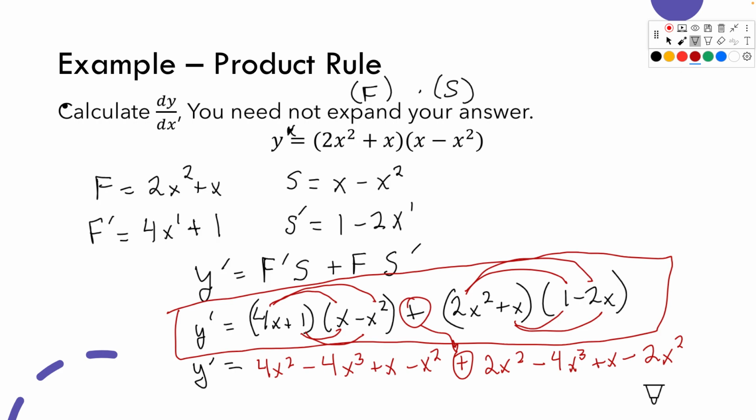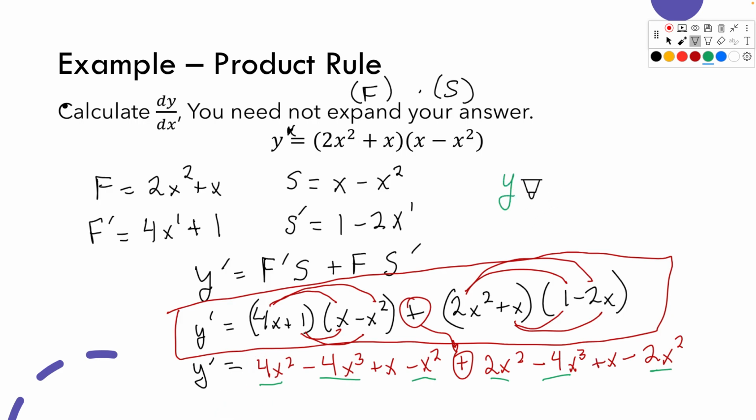Now I combine like terms. But again, we're back to the algebra. Let me identify the like terms. There's an x squared there, and an x squared there. There's an x to the third and an x to the third, a negative 4 and a negative 4. Be careful. I've seen people do this and they think they're subtracting and they'll put it as 0 x to the third. But negative 4 and negative 4 is negative 8, x to the third, right?